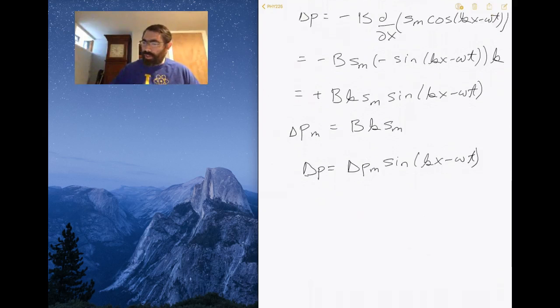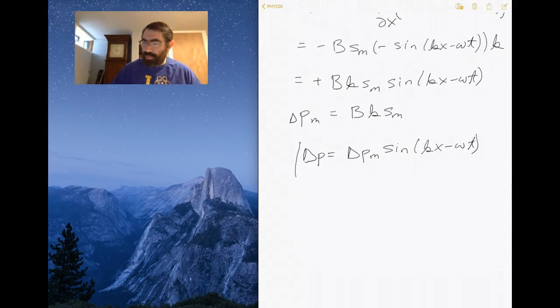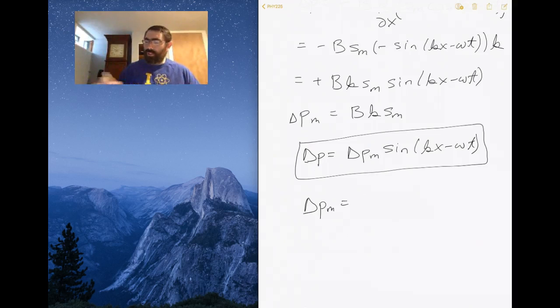So one thing I can do is play around with this definition of the maximum change in the pressure and see if I can calculate that from other quantities. If you remember, well, let me just write it down: B, k, S sub m.